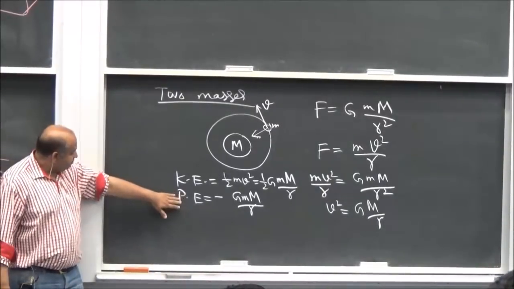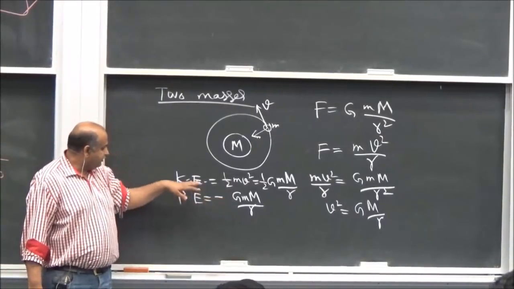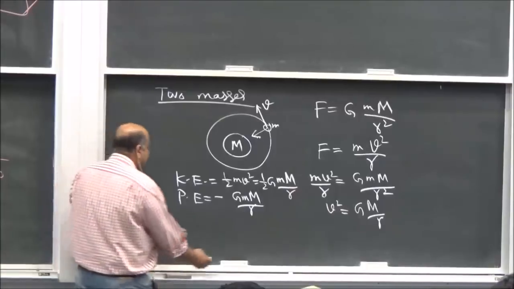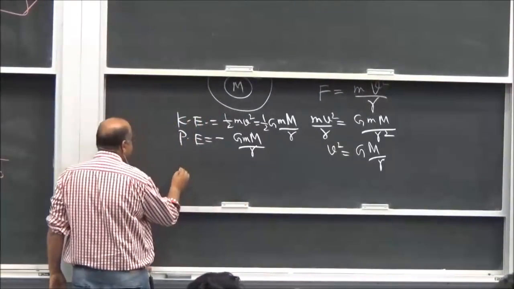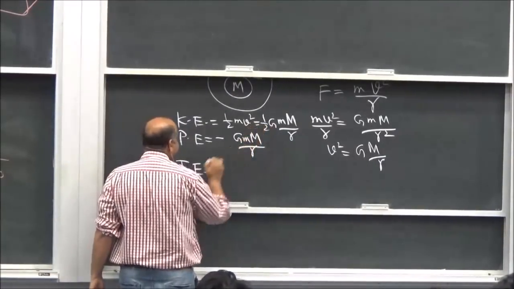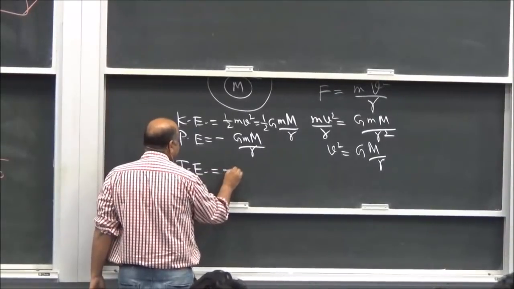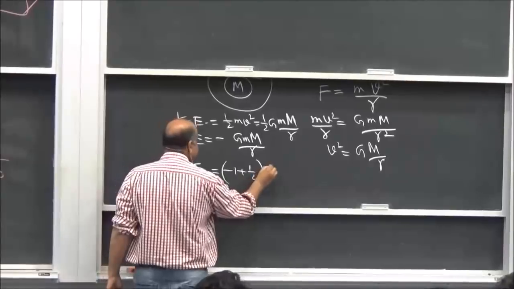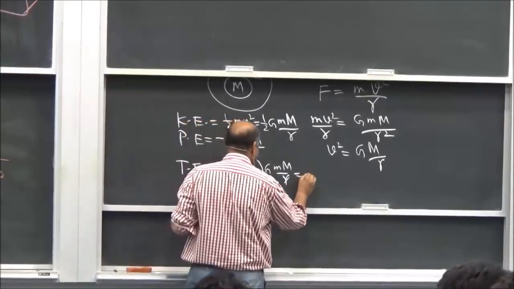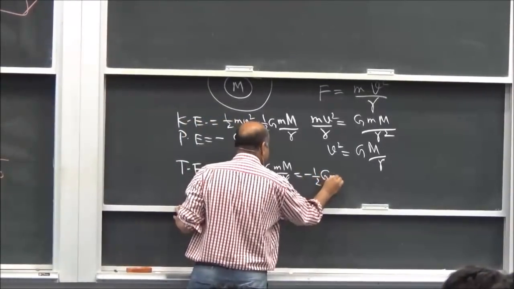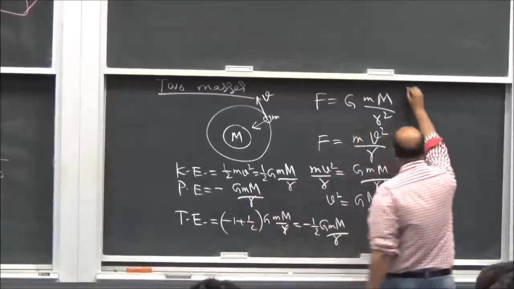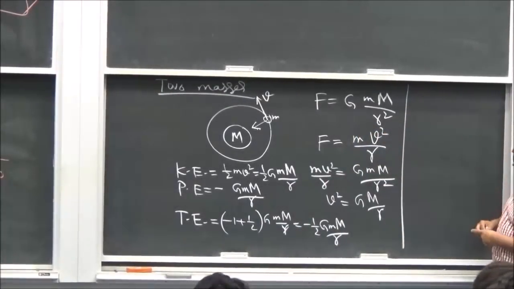So now this is the potential energy, minus GMm over r, and this is the kinetic energy, half GMm over r, which means that if I write total energy as the sum of these two, which is minus 1 plus half, so minus half GMm over r, which we can now use to state these few relations.